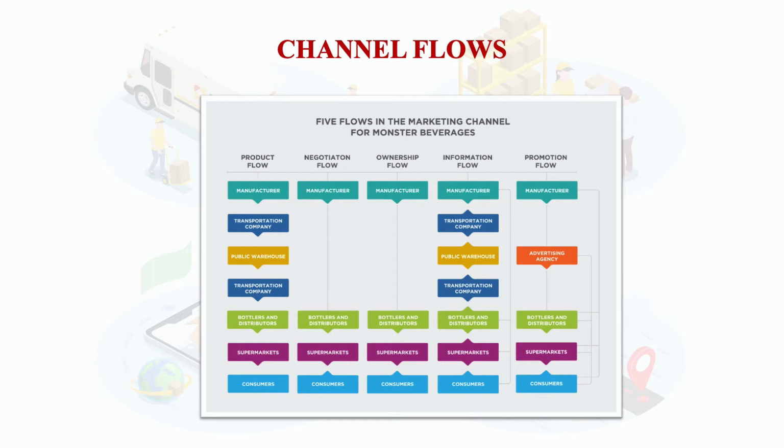So maybe 1 cake each of 4 different brands. Therefore, the channel members fulfill this important function of creating desired assortments. As the flows are taking place, the assortments get built up to the point where the consumer can actually come and exercise his choice at the retail counter, at the mall, or wherever he's doing his shopping.